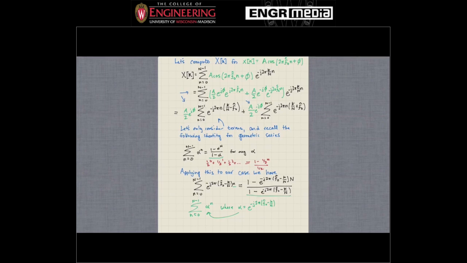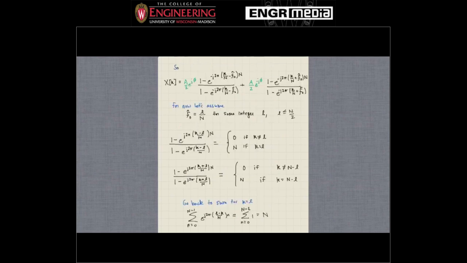So we have this fraction, and it's 1 minus a complex exponential raised to the capital Nth power, and on the bottom we just have 1 minus the complex exponential. Let's continue down this path and see where this leads us.